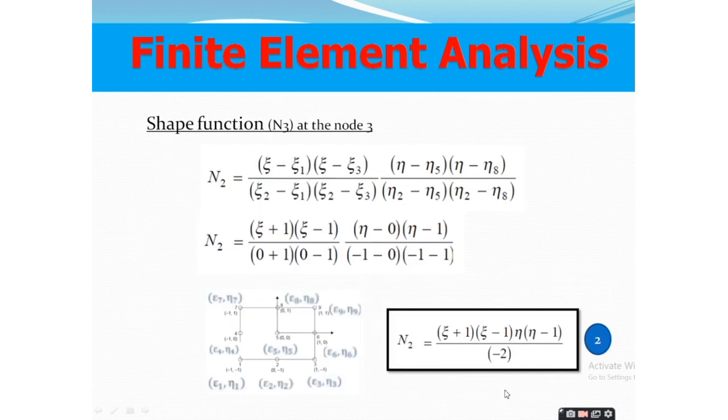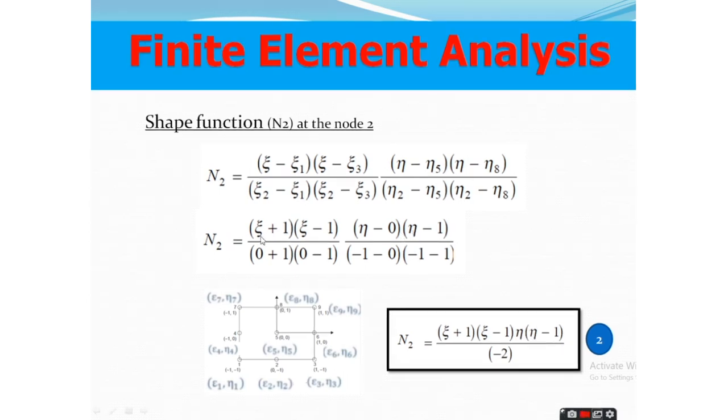Similarly, we have to find the shape function for node number 2. For node number 2, the influential nodes in the eta direction are 1 and 3, and in the psi direction 5 and 8.